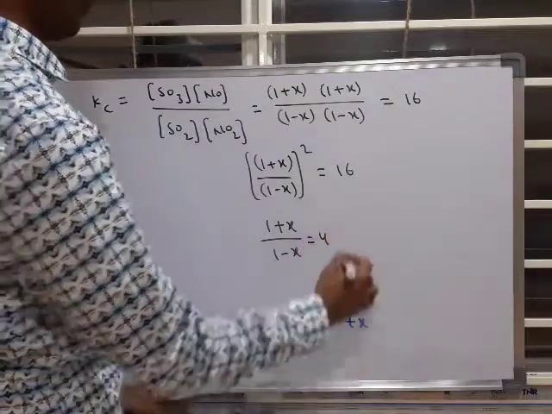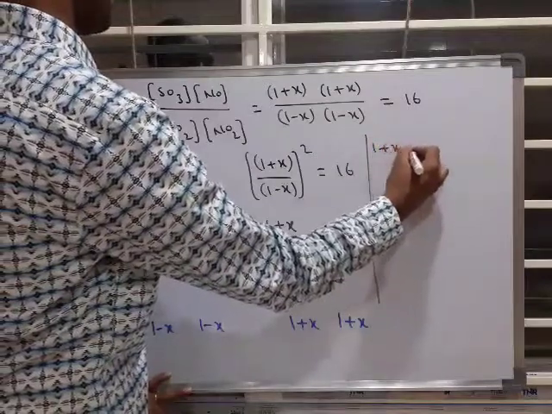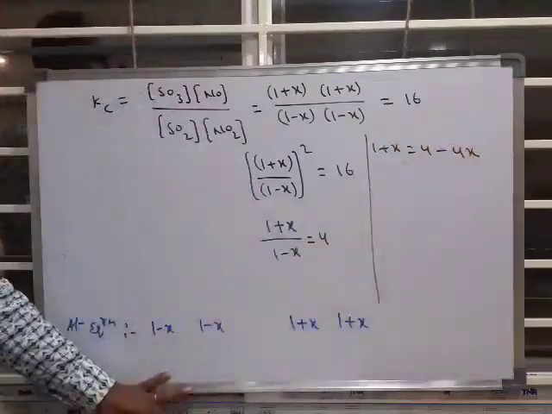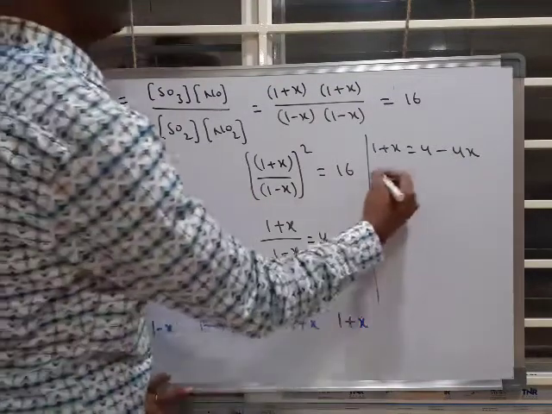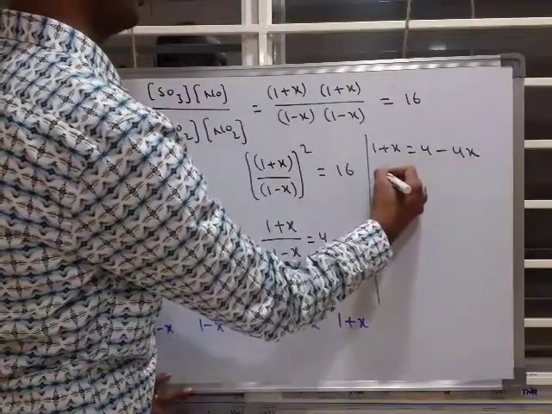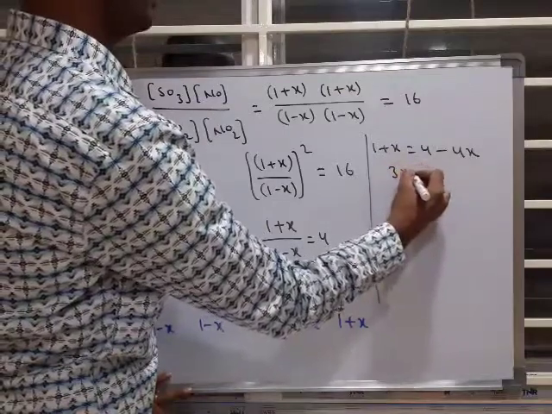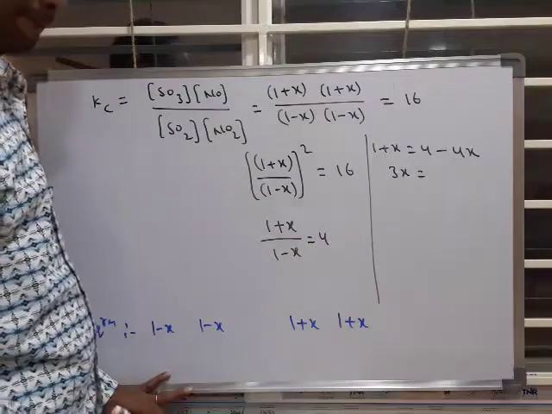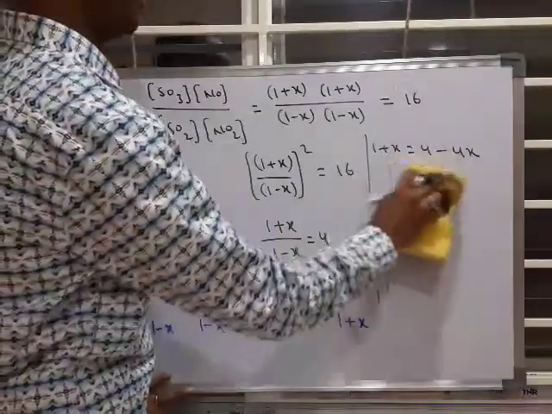Okay. Therefore 1 plus x equals 4 minus 4x. So finally, x equals: 1 minus 4, so 5x equals 3.